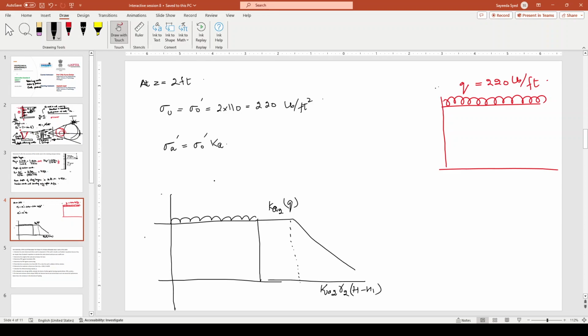We can say, if this was the clay layer and this is our sand layer, and we have replaced this clay layer with the surcharge.